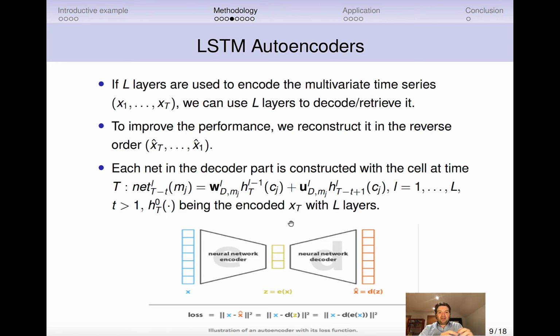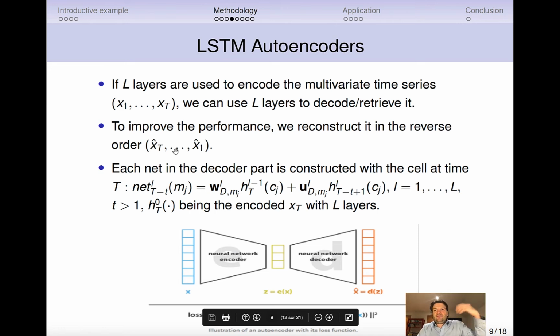If we have a time series of length capital T that we enter in the encoder, we are going to reconstruct x_T first, x hat T, and after that x hat T minus 1, x hat T minus 2, up to x hat 1.